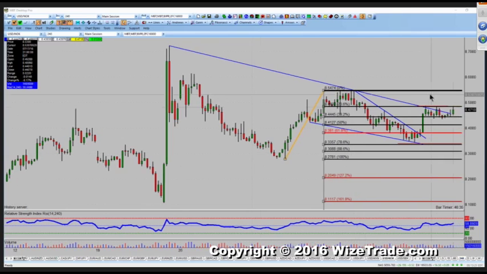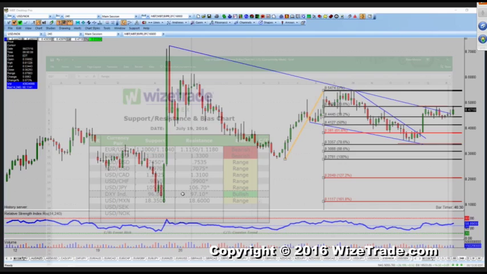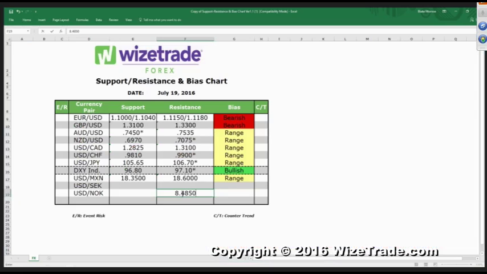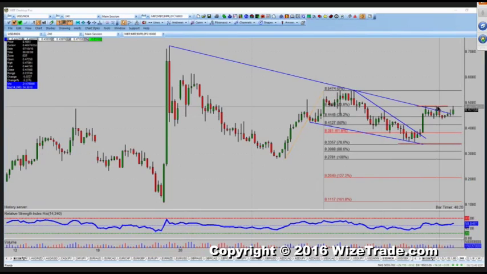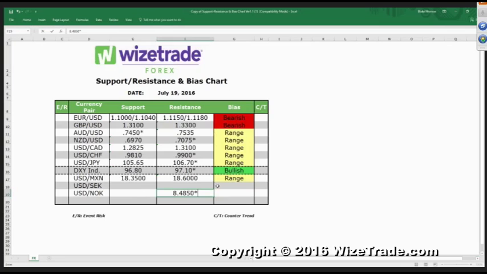Now, remember, the dollar index is trying to make a break for it. So it's 8.4850. That would be a big resistance. Support right now, if you're bullish the Norwegian krona, what you don't want to see is a move back below 8.43, because that would be a failed breakout, right? 8.43800.